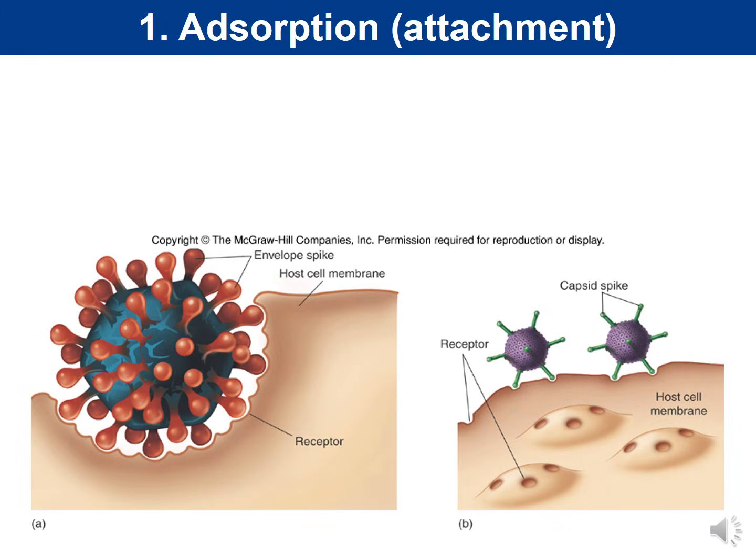So when we look at absorption, it always occurs via receptors, meaning that the host cell has to have these receptors available that the virus can bind, which will allow the virus to be taken into the cell.